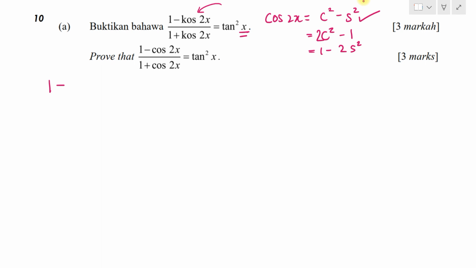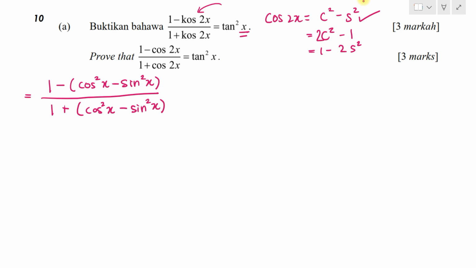Okay, this one becomes cos square x minus sine square x over 1 plus cos square x minus sine square x.